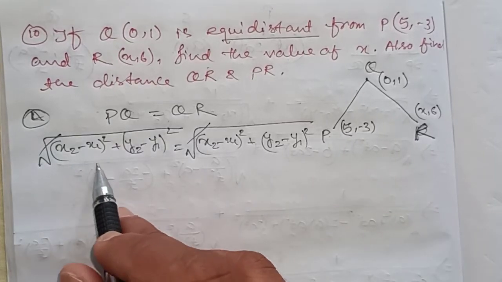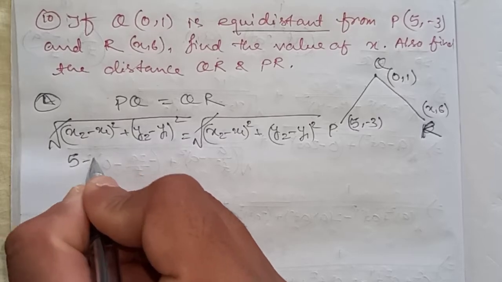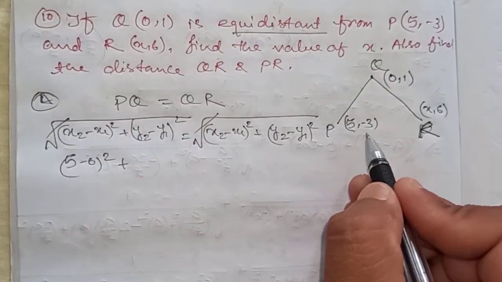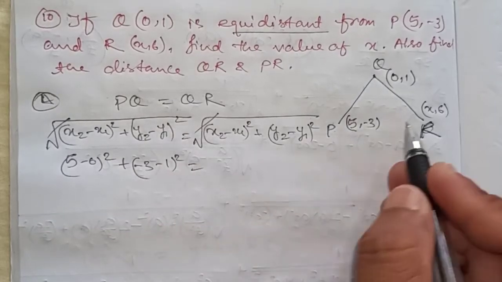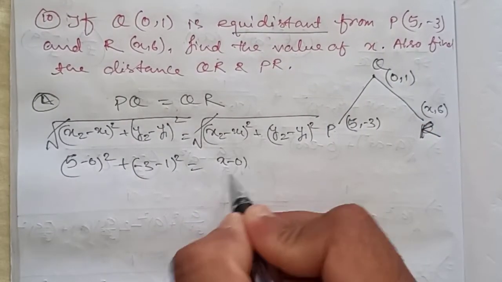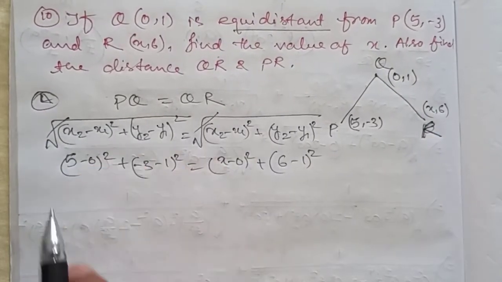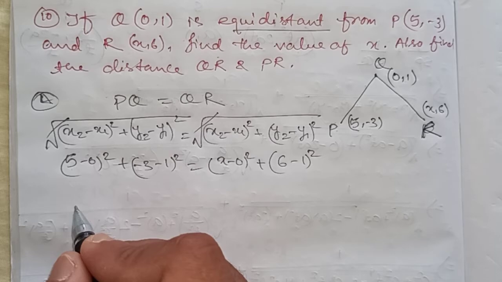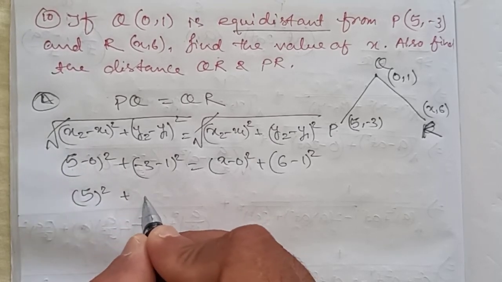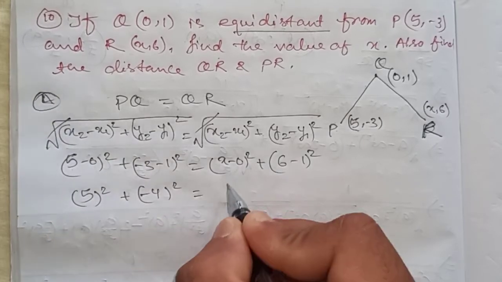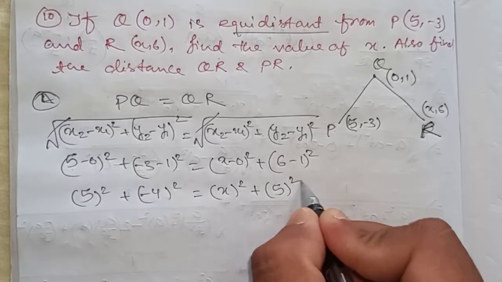Now write the values in place of these terms. (5 minus 0) whole square plus (minus 3 minus 1) whole square equals (x minus 0) whole square plus (6 minus 1) whole square. Okay, square root has gone. 5 minus 0 is 5, so 5 square, plus minus 3 minus 1 is minus 4 square, equals x minus 0 is x square, plus 6 minus 1 is 5 square.